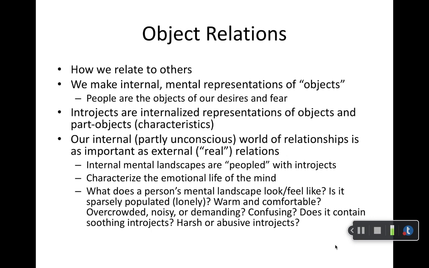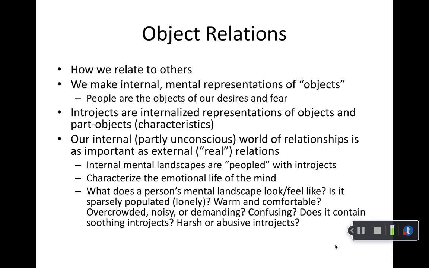These internal mental representations of objects can be even more important than the actual relationships themselves, because they shape how we approach relationships and what we bring to the table. In these theories, people are the objects of our desires and fears, hence the term object relations.